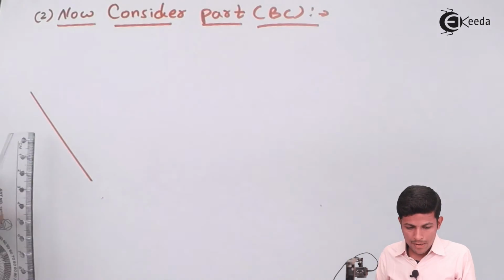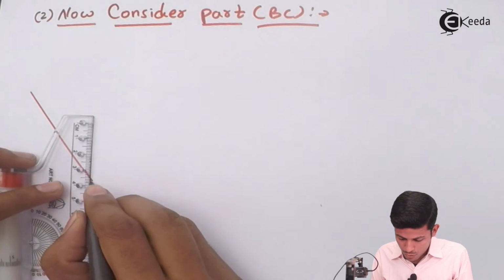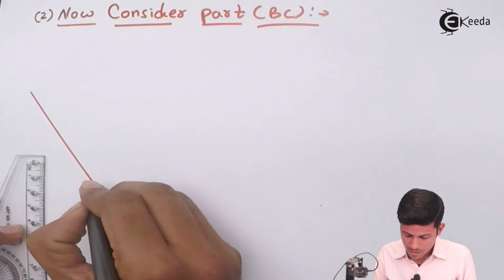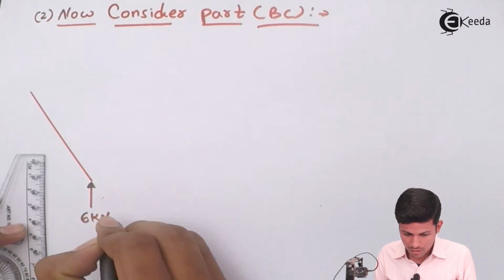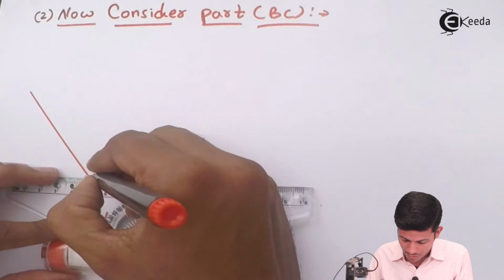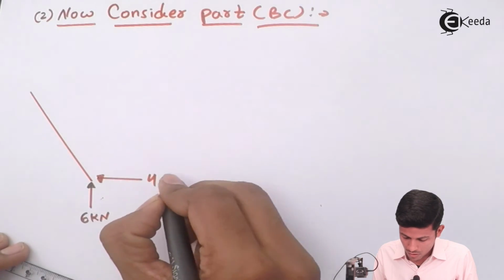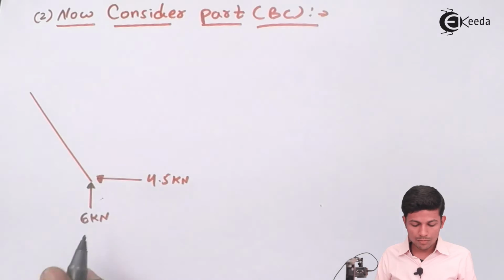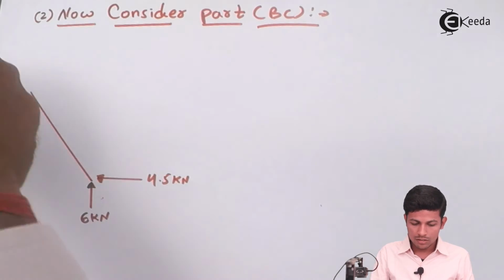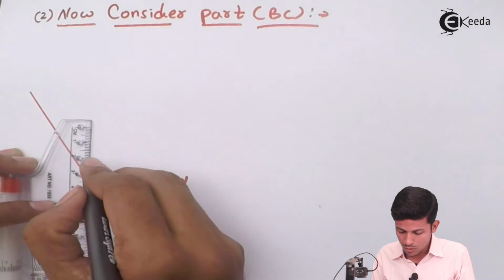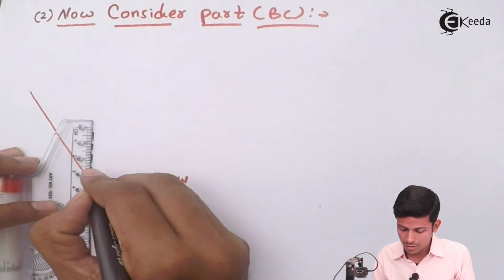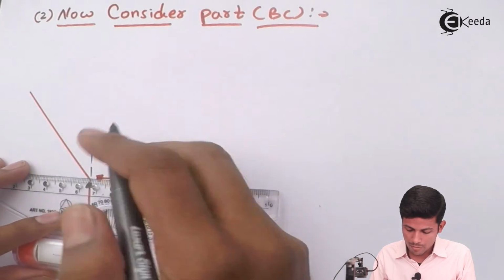Now see, we know this value 6 kilonewton and this value. From here also we have to do the same thing because we want the x and y directions. Just extend all the members.